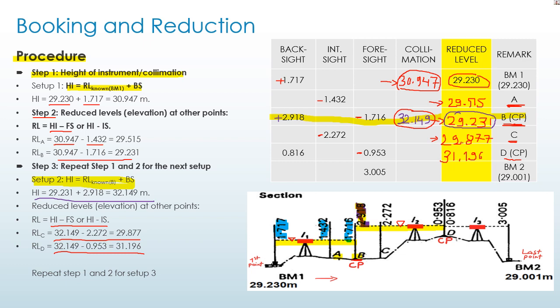So then you've finished setup number 2, and you have to move to the next setup using the same method here to calculate the elevation of benchmark number 2. Even though you know that, you need to check. So that's why you have to calculate the reduced level of benchmark number 2 as well.